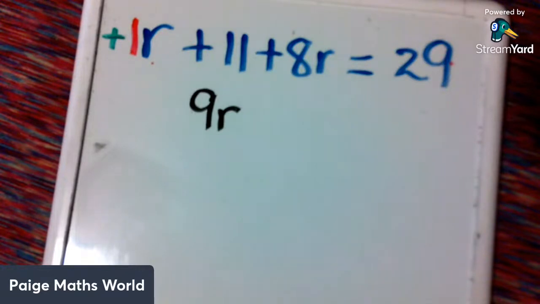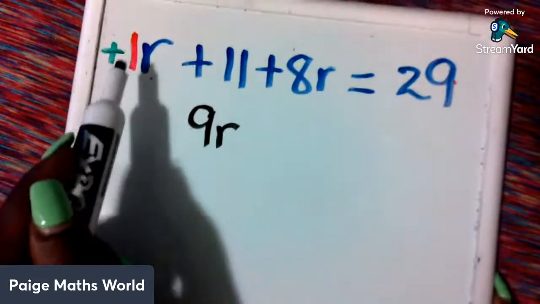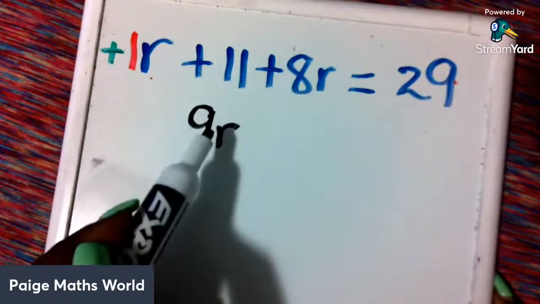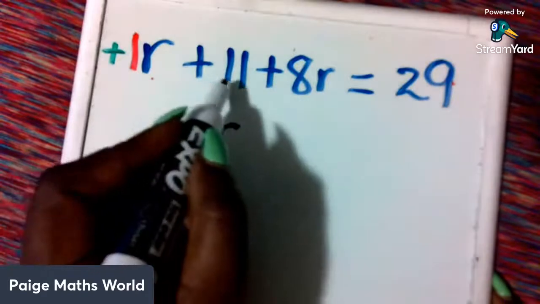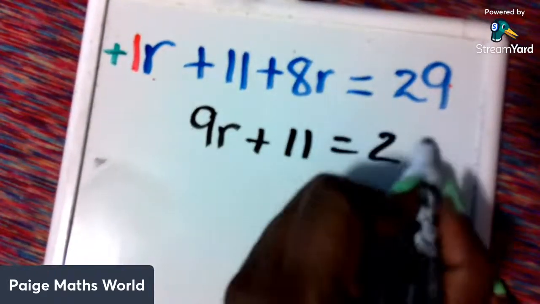All right, so in this case, as I said, 1r, that's 1 plus 8 is 9r. Remember, we have a positive 11, so I'm going to put it back, is equal to 29.